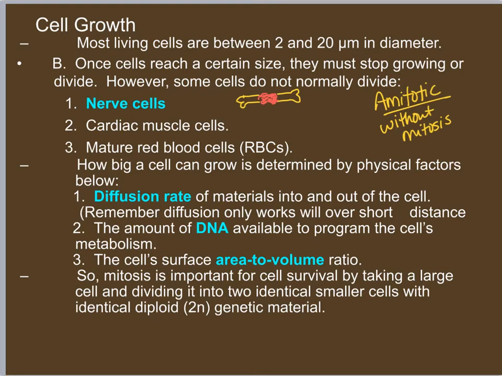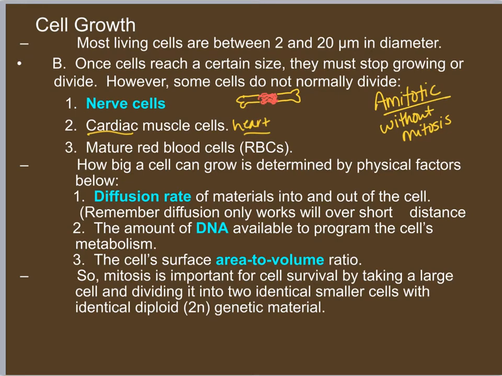Cardiac muscle cells are another example of this. Cardiac is heart. So after a heart attack, if those cells die, they do not come back. My dad had a massive heart attack at 47, and we were very fortunate. They told us only about 10% of people survive as severe of a heart attack as he had.